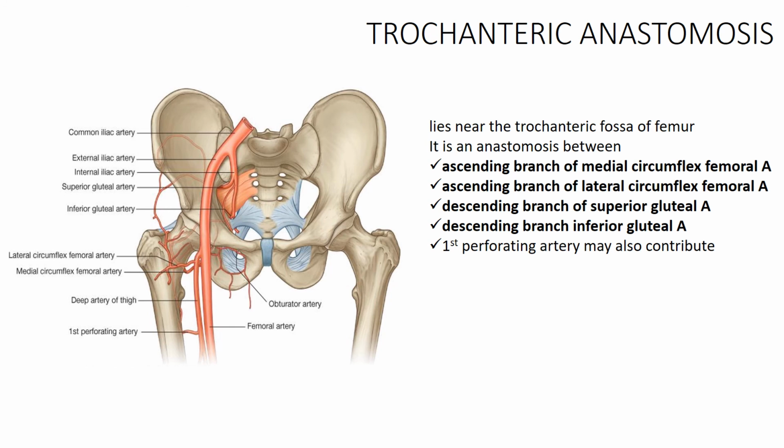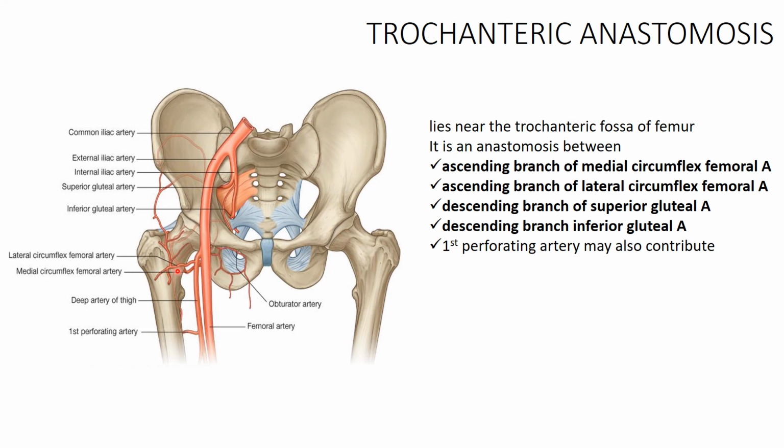Now there's something about the vascularity. We have already discussed there were two anastomoses. The first anastomosis is in the trochanteric fossa, known as the trochanteric anastomosis.